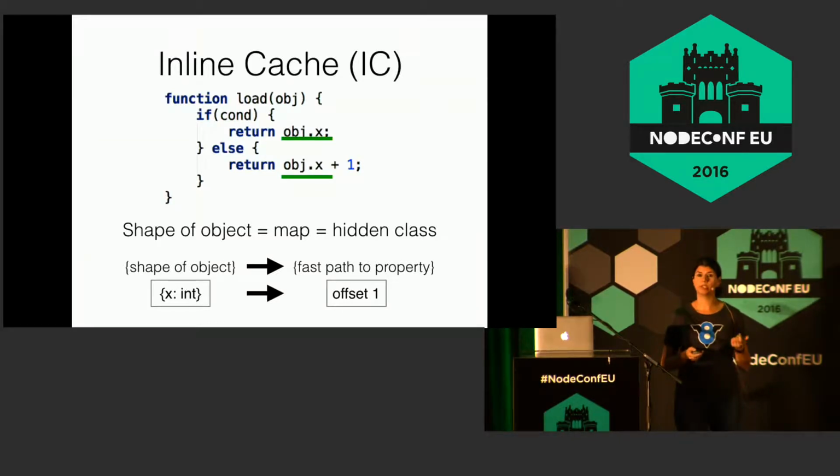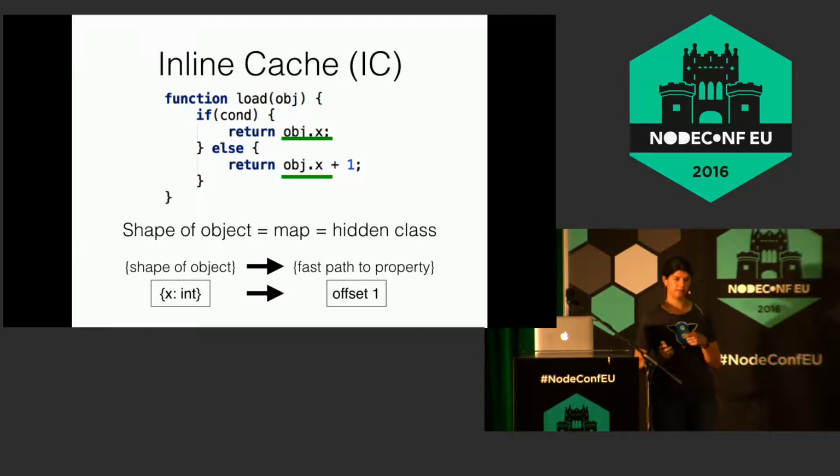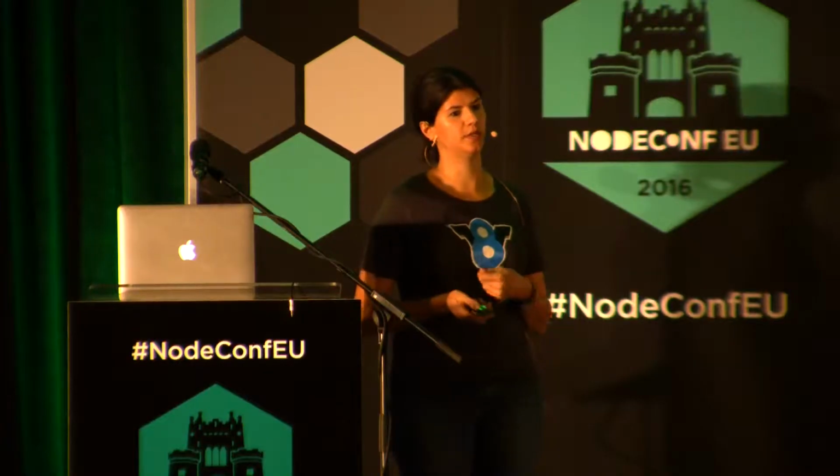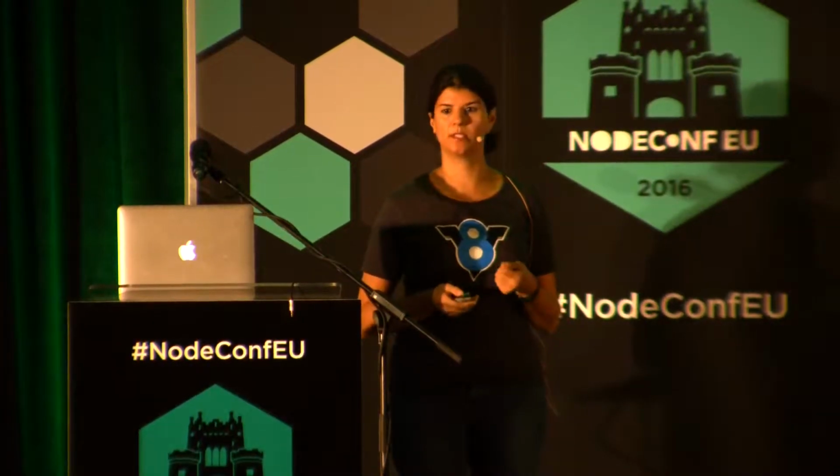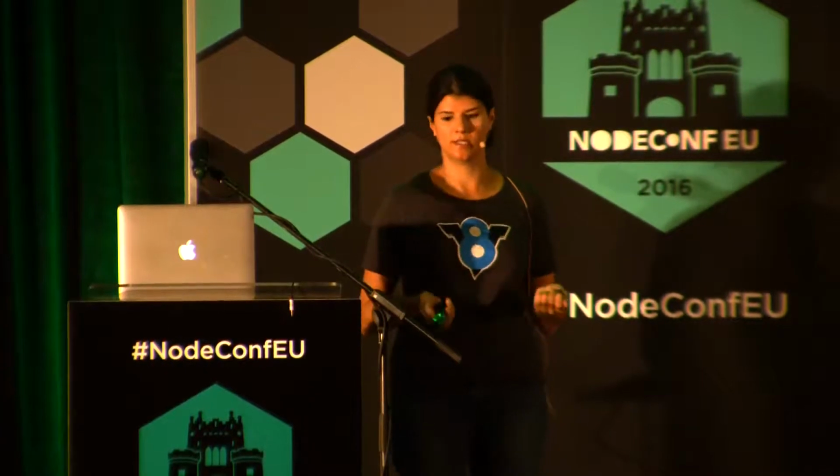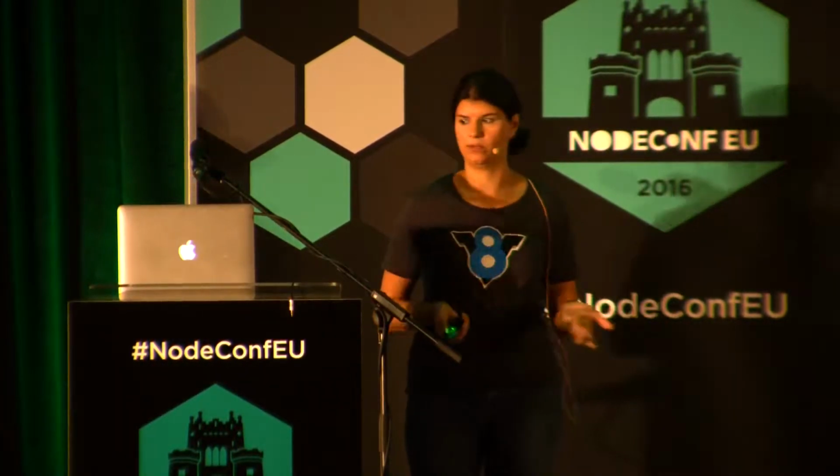And 2 objects basically have the same map if they have the same prototype and exactly the same properties. So by assigning maps to every object and then using that for inline caches, we can immensely speed up property access. Since that's something you do all the time, this gives you quite some speed up.